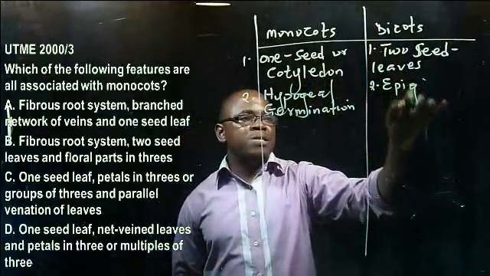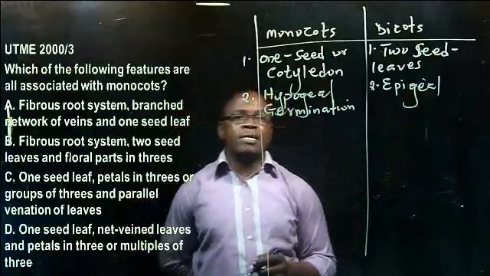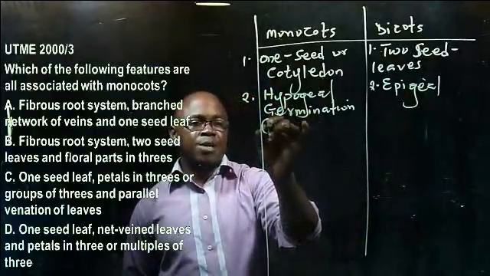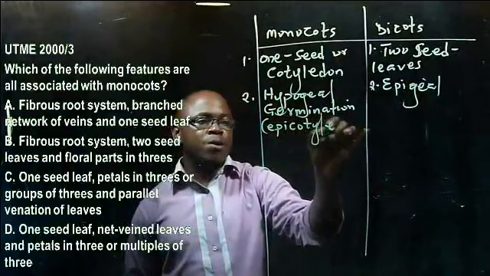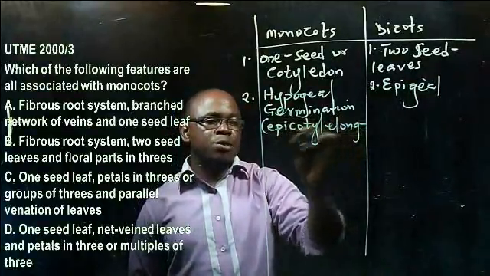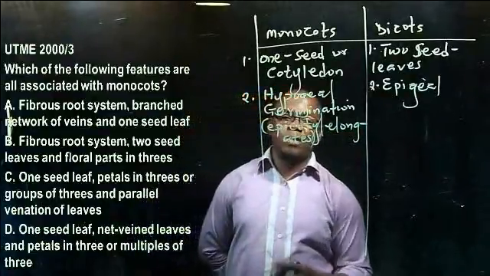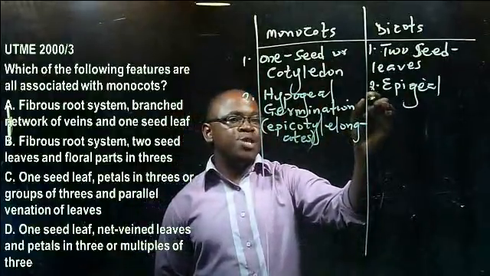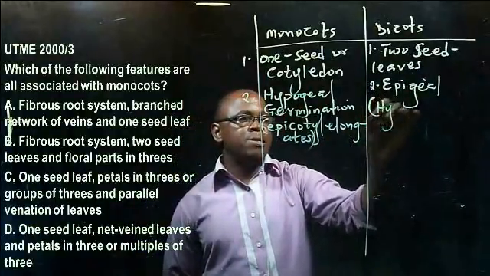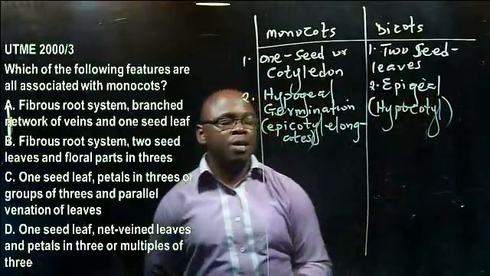Now for monocots that exhibit hypogeal germination, a structure called the epicotyl is known to elongate. From the diagram of germinating seeds, you can easily identify the epicotyl. Then for the epigeal germination, the hypocotyl elongates.